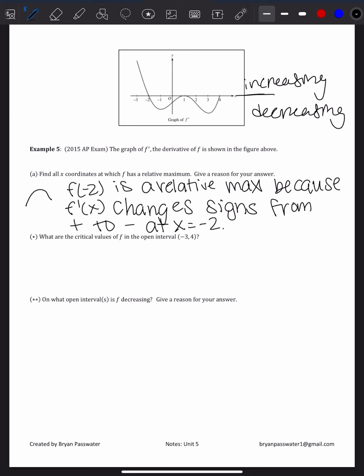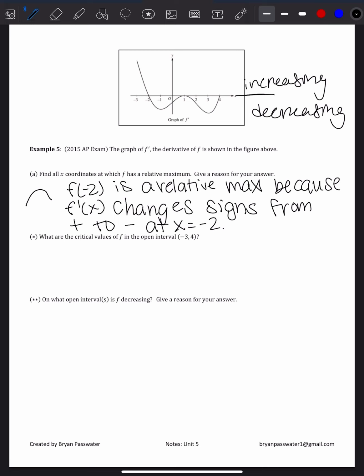What are the critical values of f in the open interval negative 3 to 4? So critical values is anytime our derivative is equal to 0. So if we're looking at this, this is the graph of our derivative. So when does it equal 0? When it's on the x-axis.